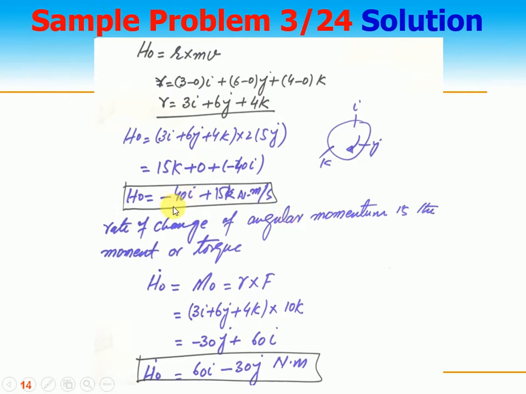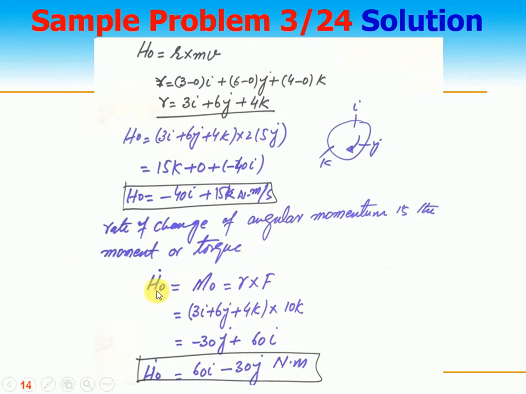This is the angular momentum in x direction. This is the angular momentum in y direction. Now we can also find out the rate of change of angular momentum. The rate of change of angular momentum is equal to the moment or torque.